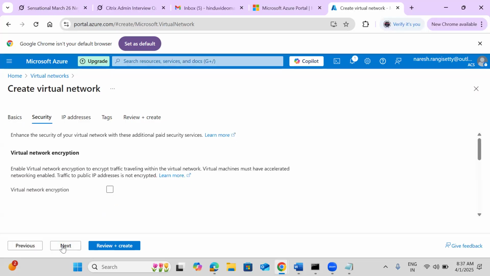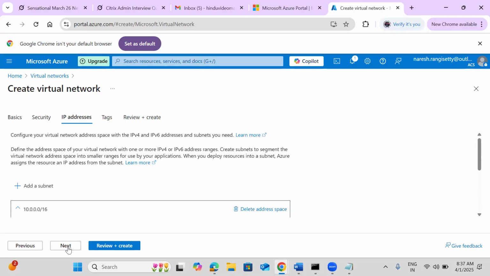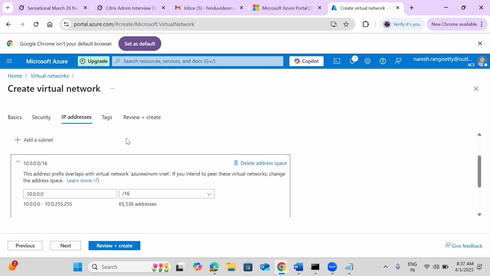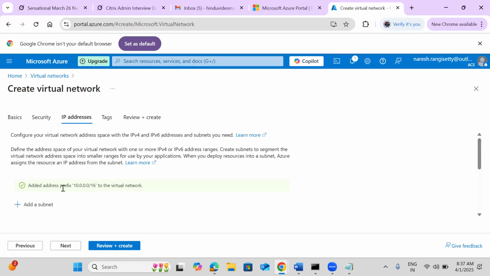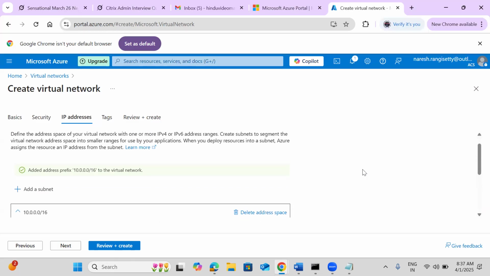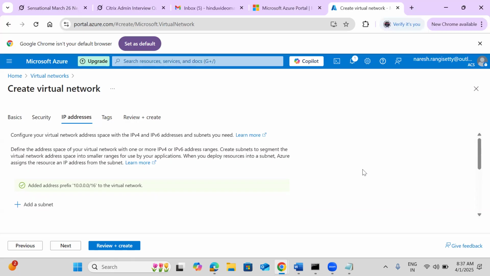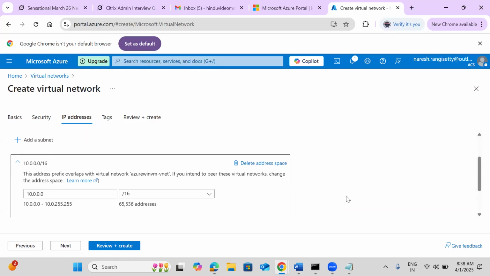For security, we can enable encryption, which is better, and even provide DDoS protection. If I don't give anything, by default I get the range 10.0, but I don't want that IP address, so I'm adding IPv4. By default /16 is added. Then we can add the subnet also.